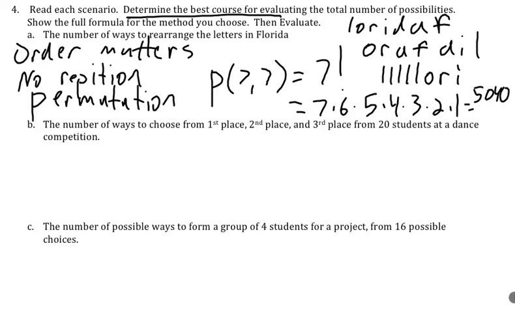Let's look at B, the number of ways to choose first place, second place, and third place from 20 students at a dance competition. So, does order matter? I think so.